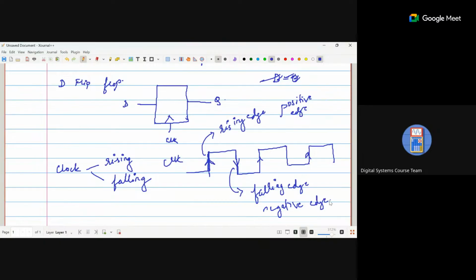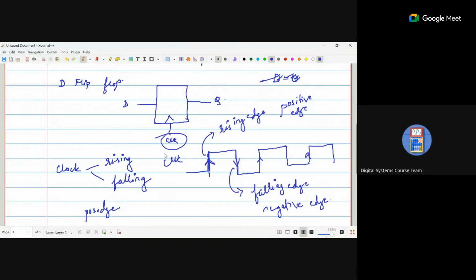Now if you see, we are giving inputs here. We'll say that this entire flip-flop is based on this particular clock. How? We make sure that whenever the clock goes high, let's say we are talking about a positive edge, so it is positively triggered. Whenever a positive edge goes high, the output should change.